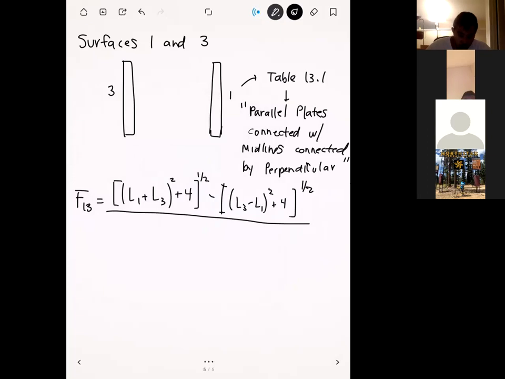And then you divide all this by 2 times L1. All right. And so we have everything here. In this case, L1 and L3 are the same. And then what you get for F13 here is equal to 0.82.